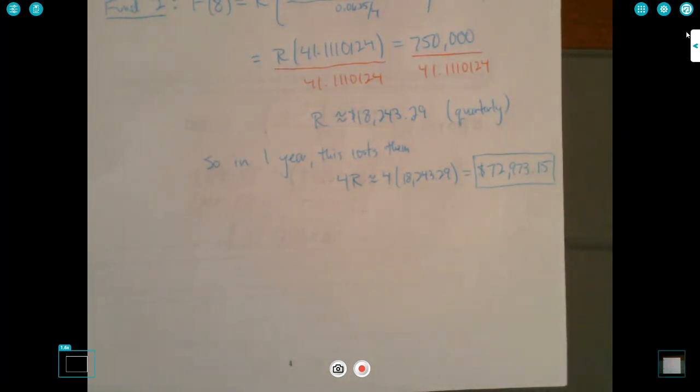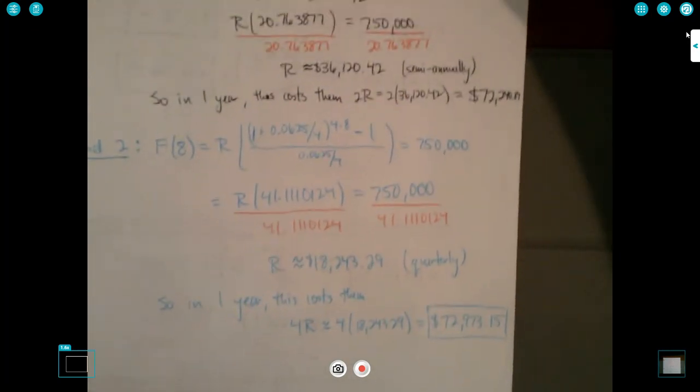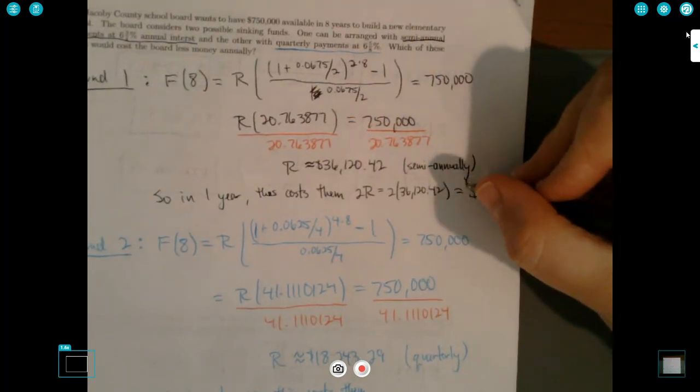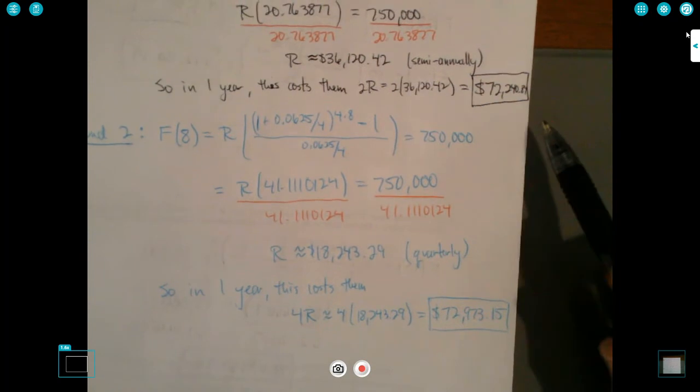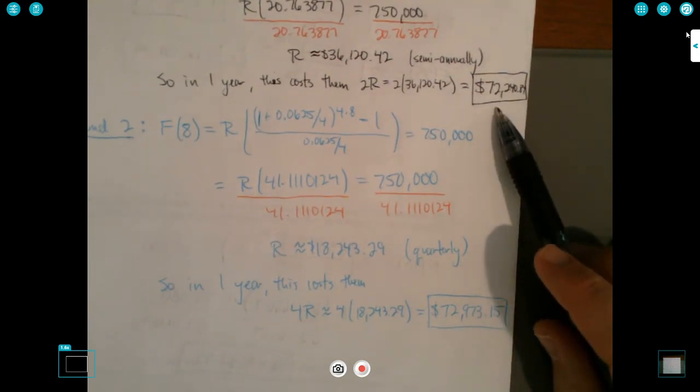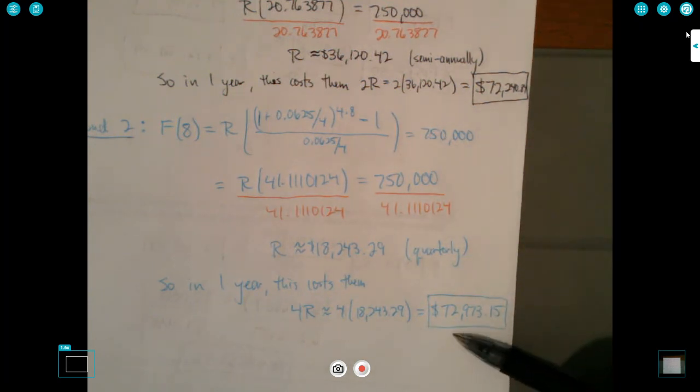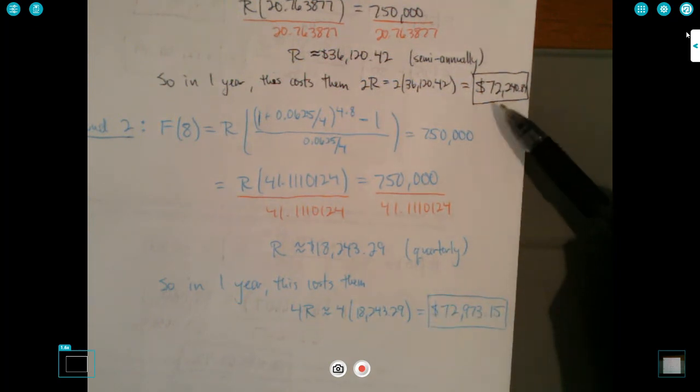Okay. So now we can compare the cost of these two funds to see which one's better for them. So this fund is going to cost them $72,240.84 per year. This one's going to cost them $72,973.15 per year. So clearly this one is the cheaper fund.